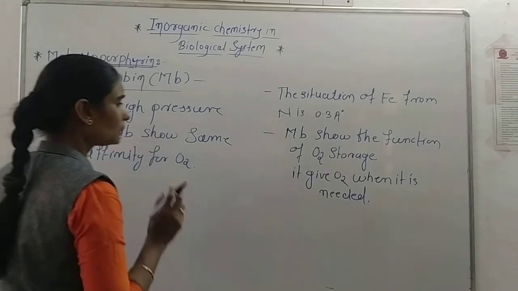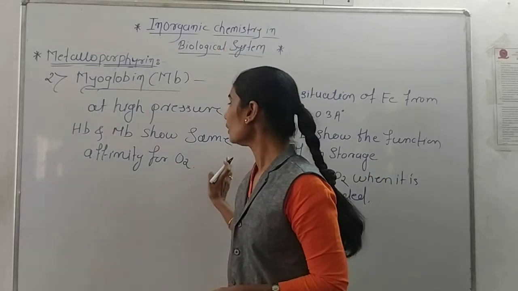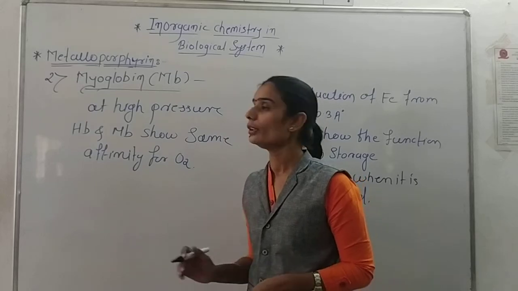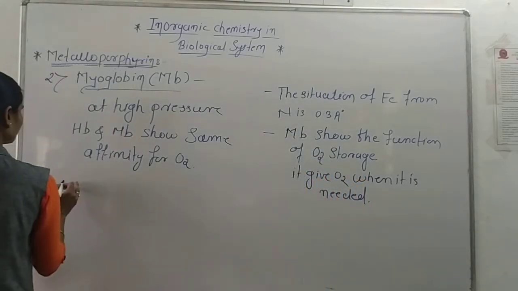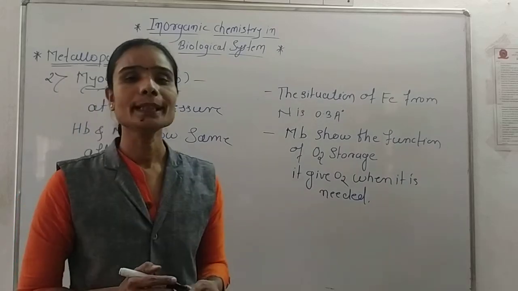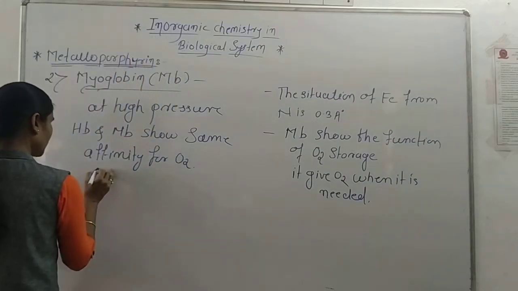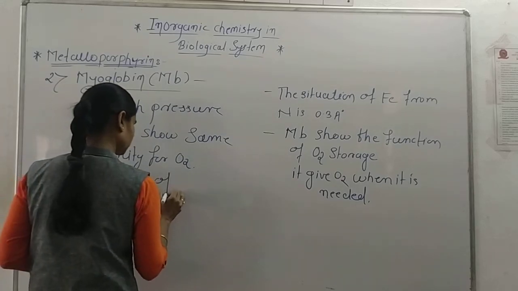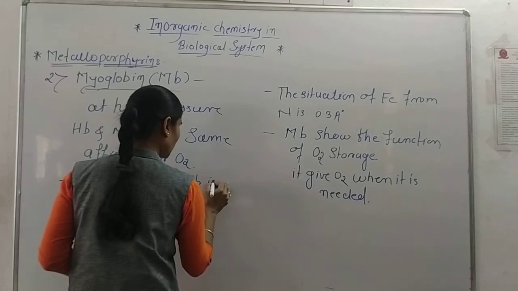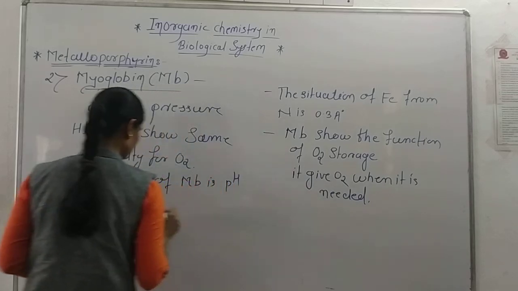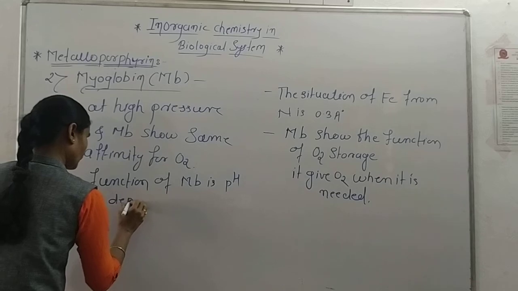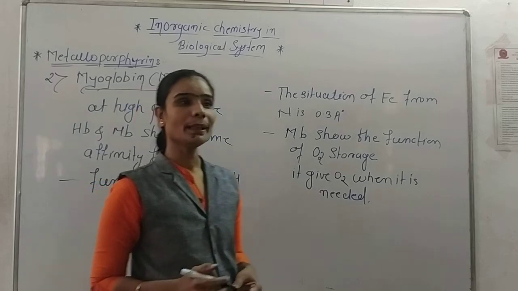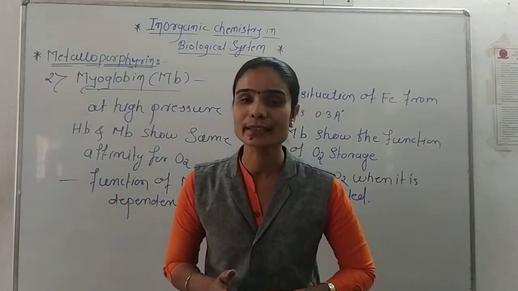Okay, at high pressure both have the same affinity for oxygen, because both metalloporphyrins are related with oxygen and its function. But the function of myoglobin is pH dependent. It means its function depends on the pH of the living system.